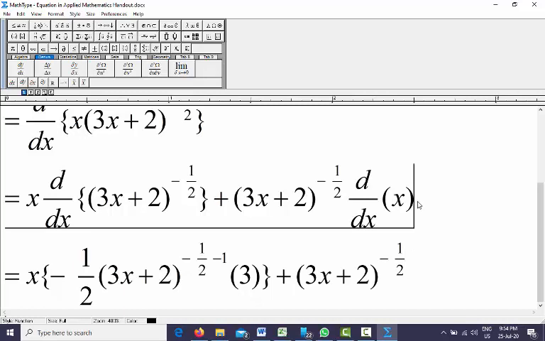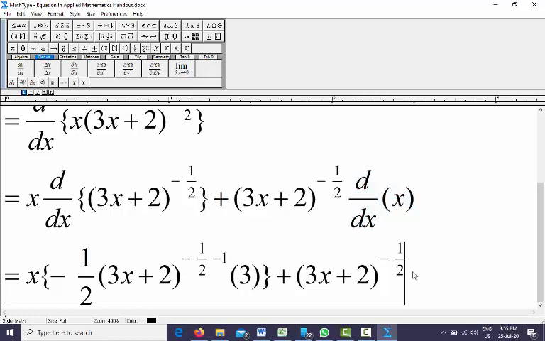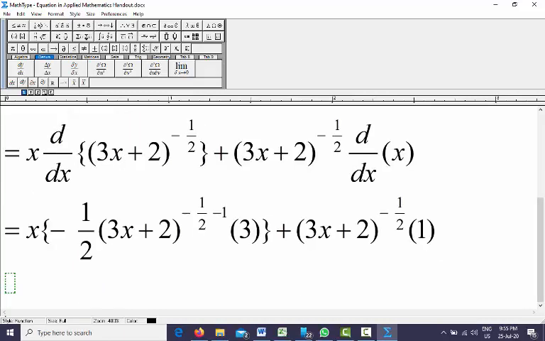Now we need to do differentiation of this one. If you do differentiation of x with respect to x, you get only 1. Right. So now we will multiply this. Here 3 is in the numerator. 3 will get multiplied by 1.